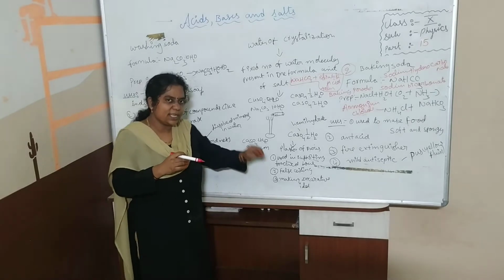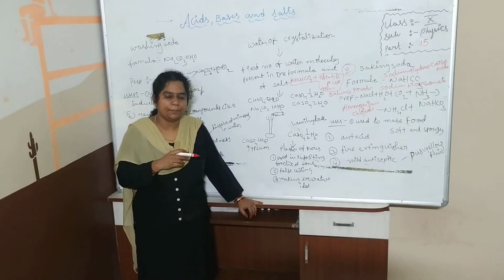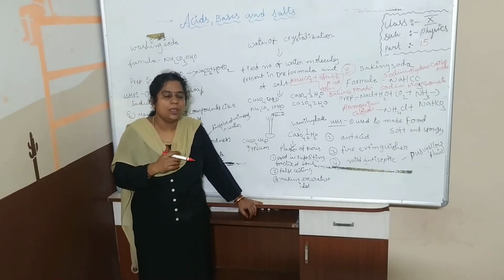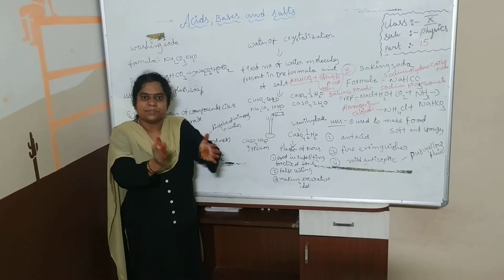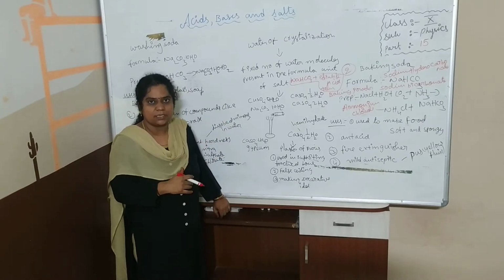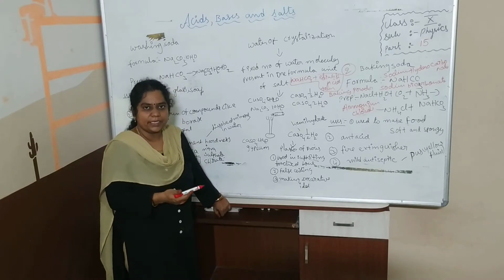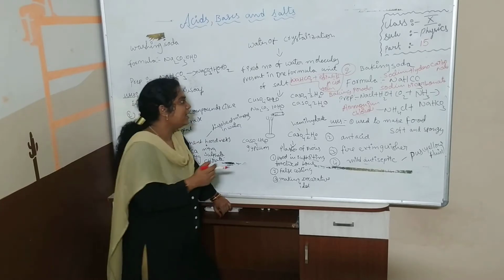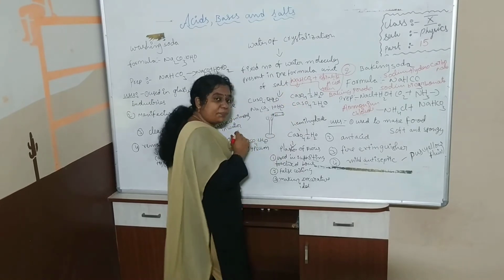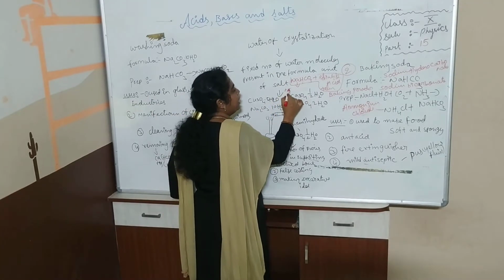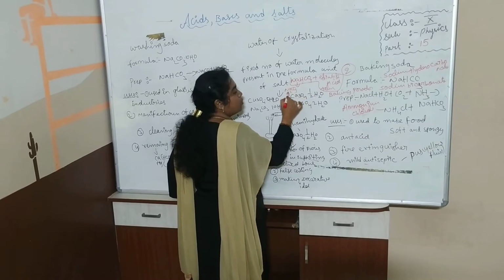So when you are mixing the baking powder in cake preparation, what will happen? When you have mixed it and kept the total substance on the stove or in the oven to bake it, when heat is supplied, this NaHCO3 will split into Na2CO3, that is washing soda.